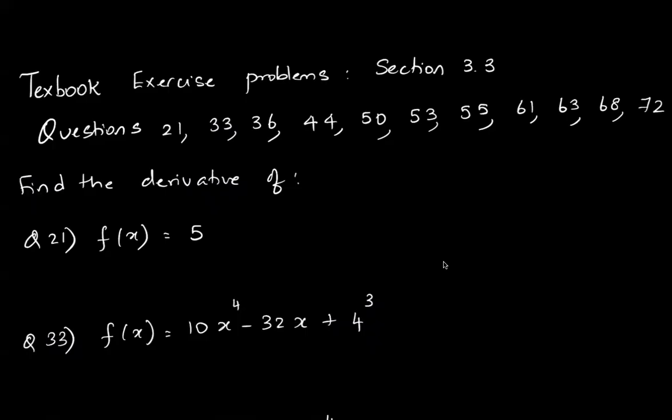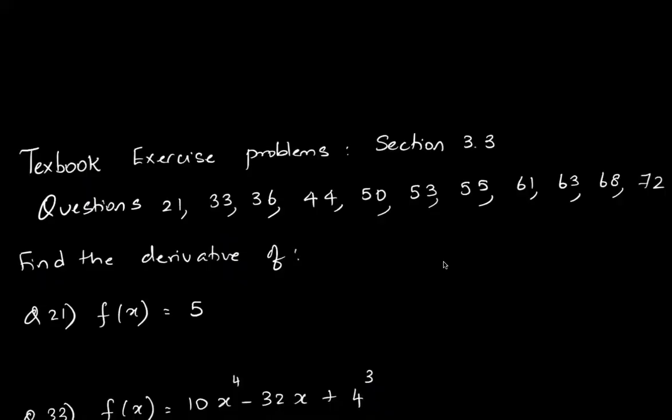So what is the power rule? Power rule states that if you have a function, let's say f of x is x to the power of some integer n or some real number n, then its derivative f prime is given as n times x to the power of n minus 1.